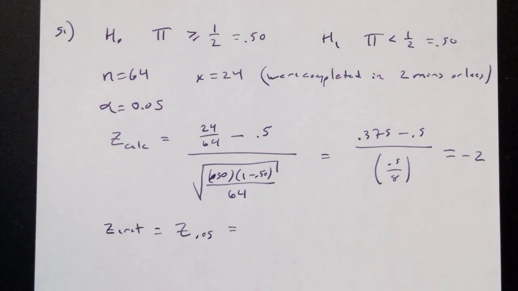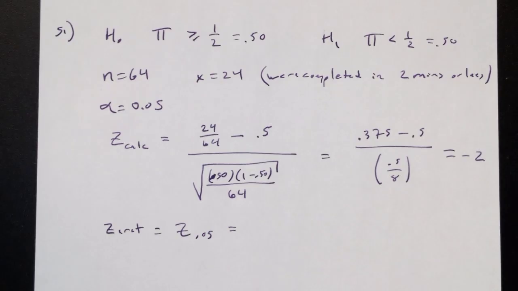This is in one of 3 places. It is either on the formula sheet you are writing for this exam, or it's in your table, because you can use your Z table to look this up, or it's on your calculator, because this is the inverse normal. We're doing a one-tailed test by putting 0.05.